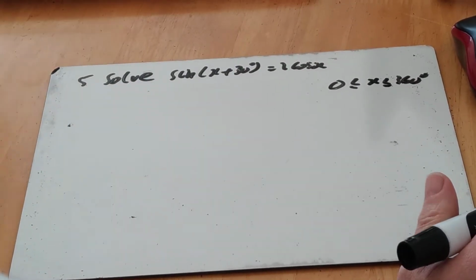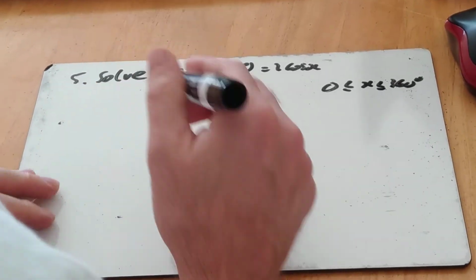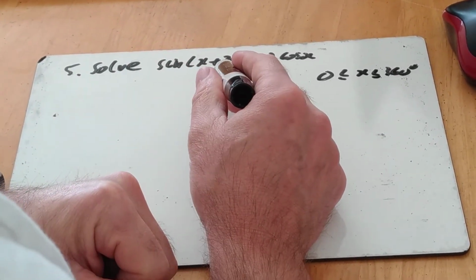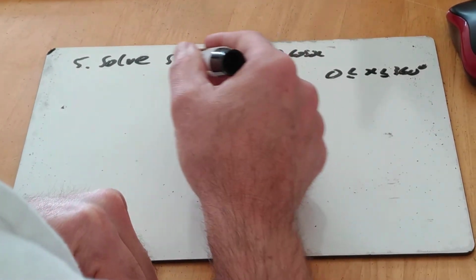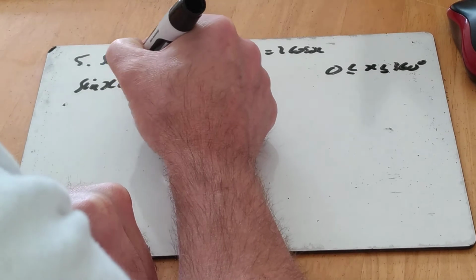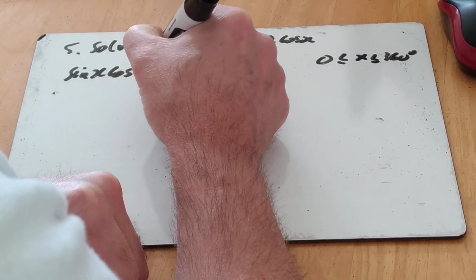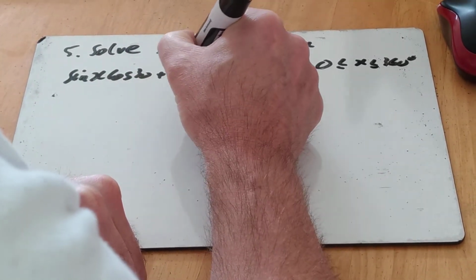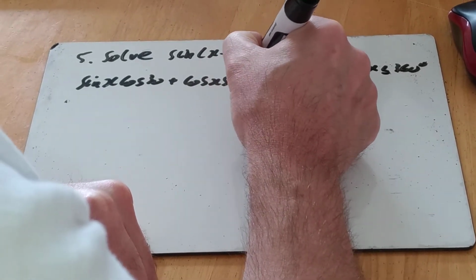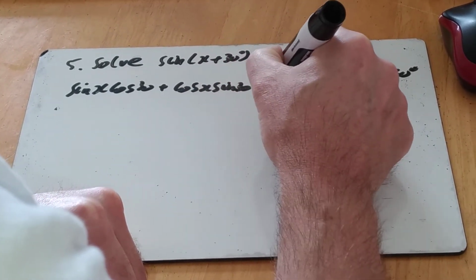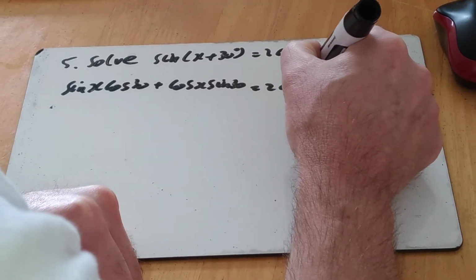Next example, solving an equation. So example 5: solve sine of x plus 30 equals 2 cos x, where x is in the range 0 to 360. So I do my expansion: sine x cos 30 plus cos x sine 30 equals 2 cos x.